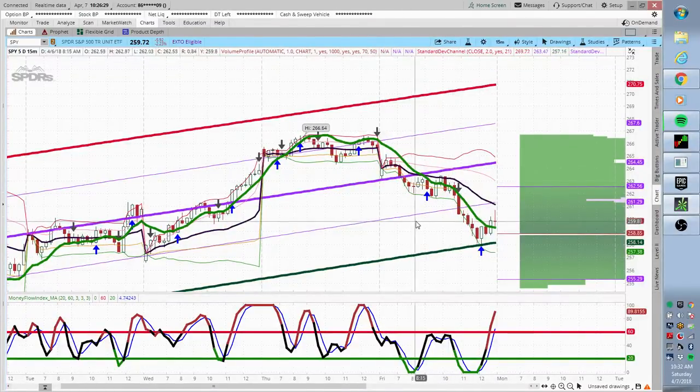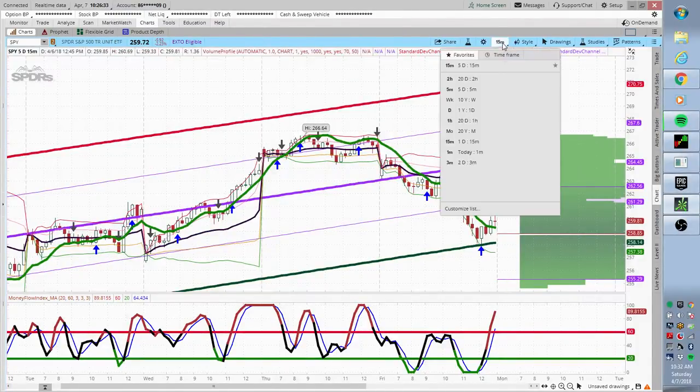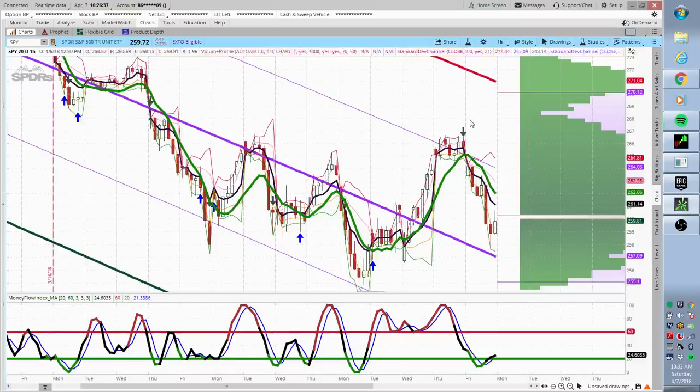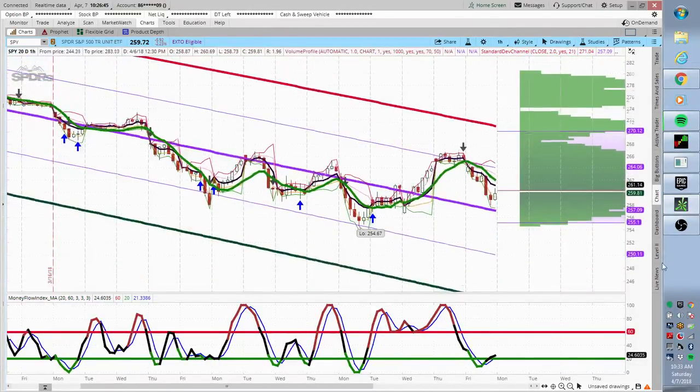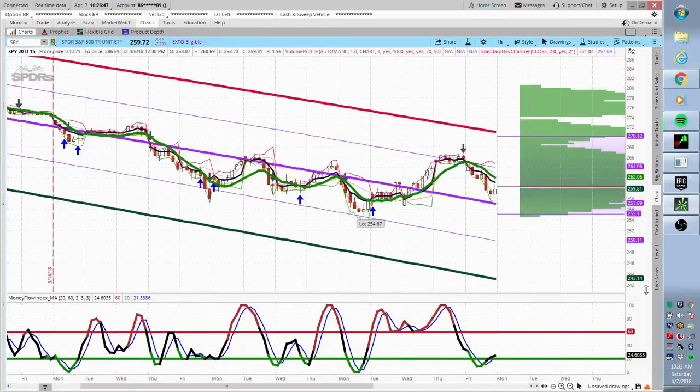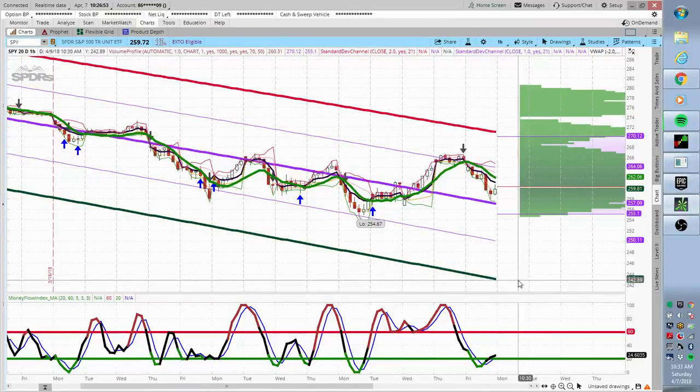If you go back out to the hourly, here is one thing that I like to do. You've got a range here from 270 to 243.